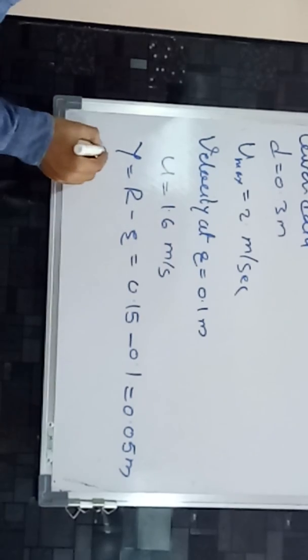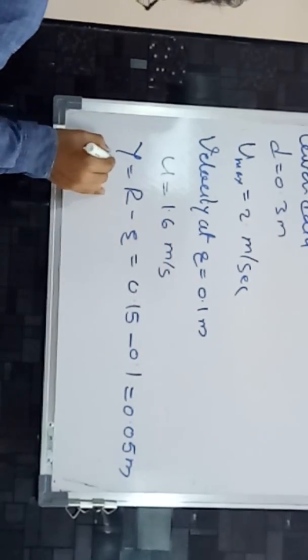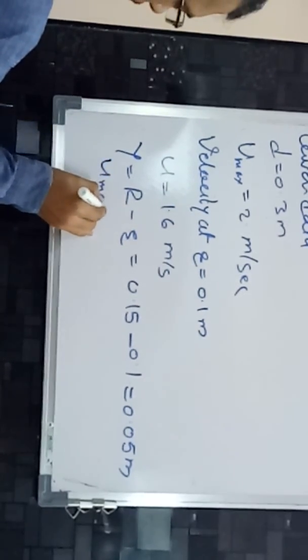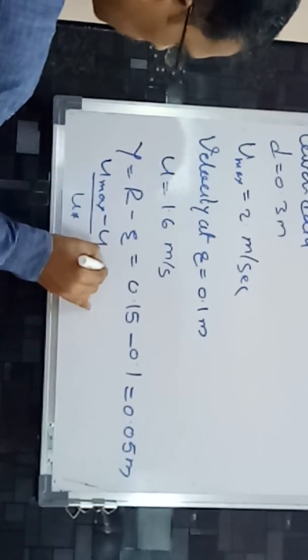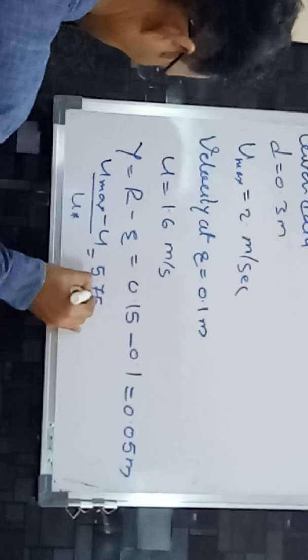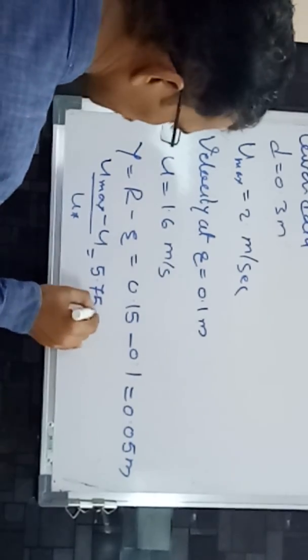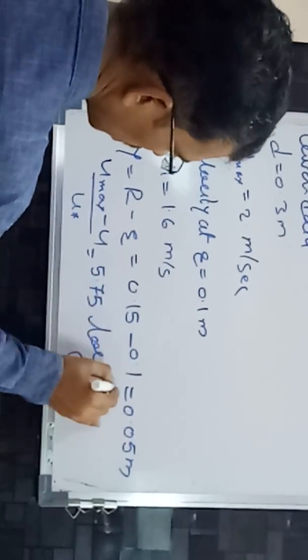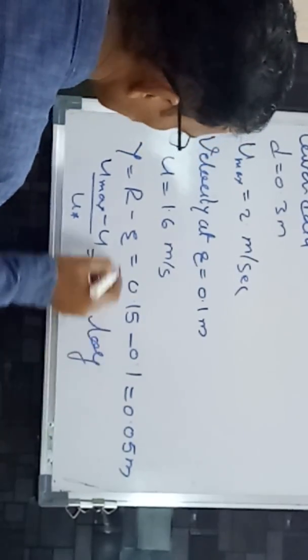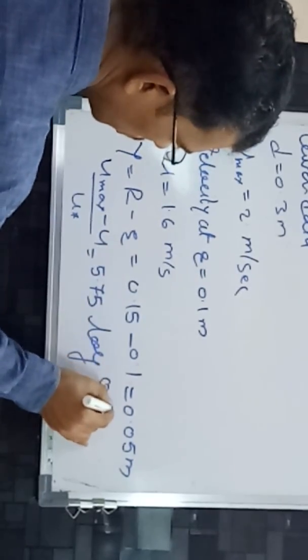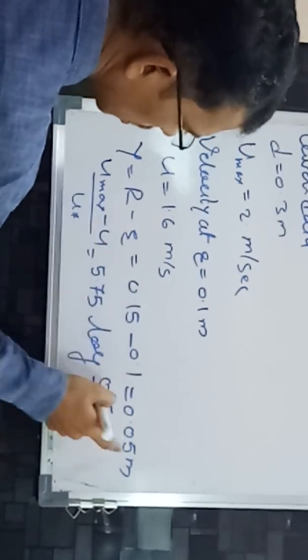Now one standard formula is there. You write down U max minus U equal to 5.75 log 10 of R by y, times shear velocity. So here R means what? 0.15 by y.